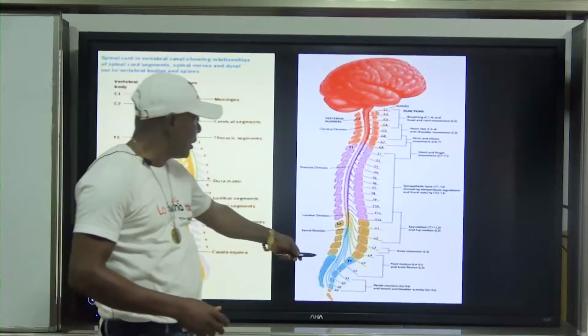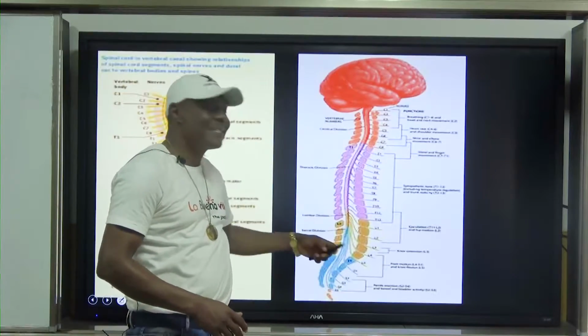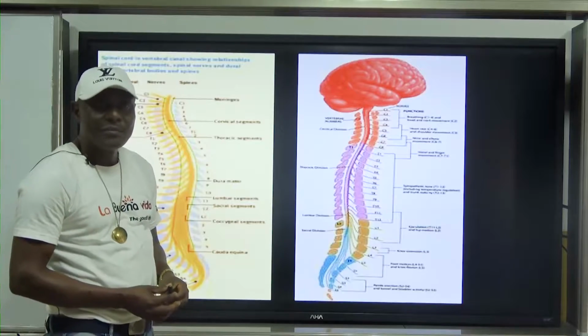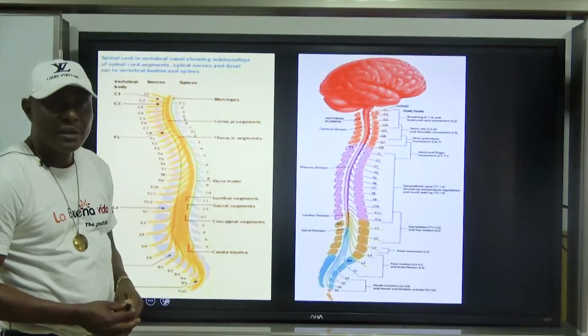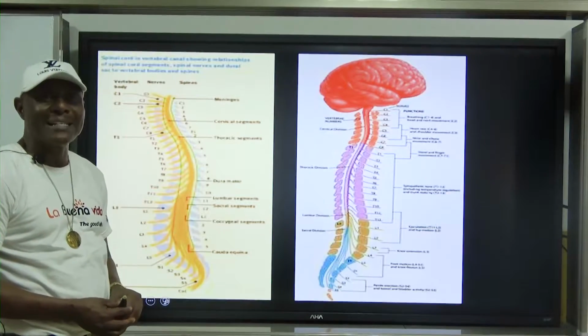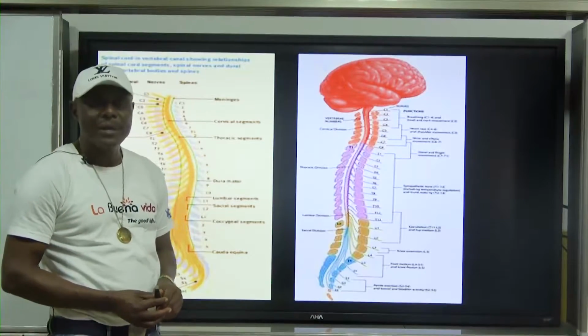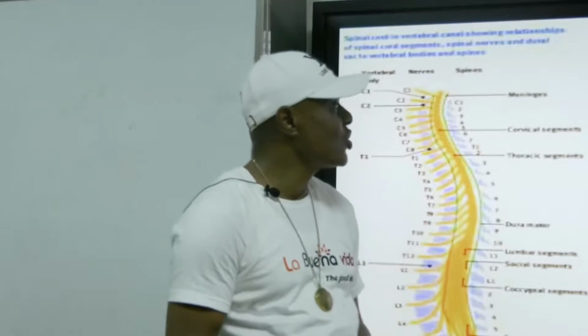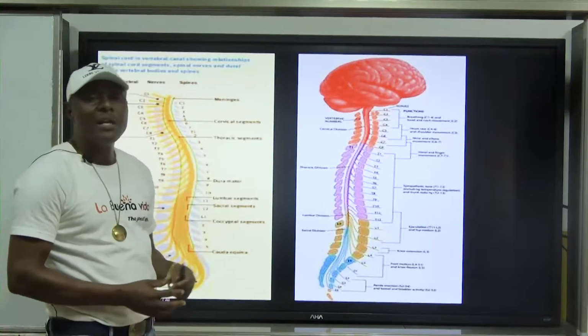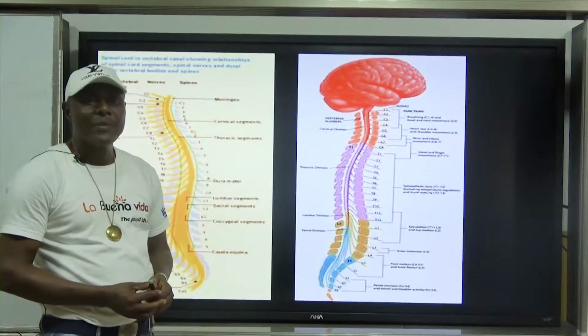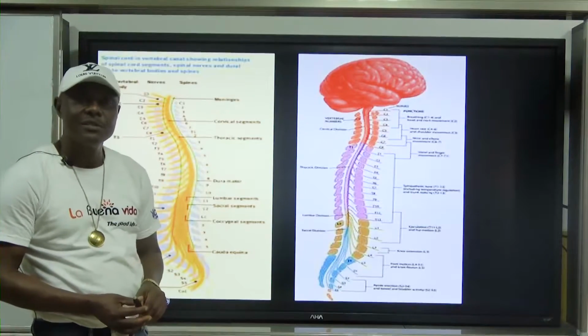It is cylindrical in nature and it is a white matter. Just like we said that the brain is a gray matter, the spinal cord is a white matter. Very soft, just like the brain, it is a continuation of the medulla oblongata of the hindbrain.